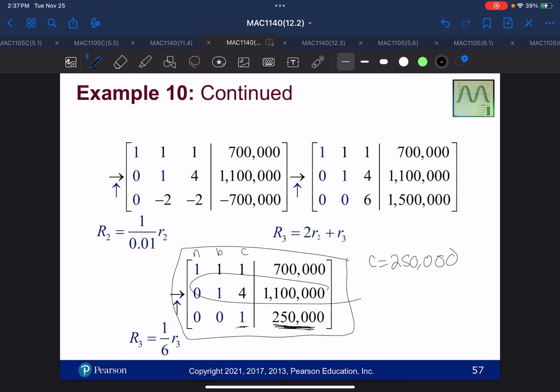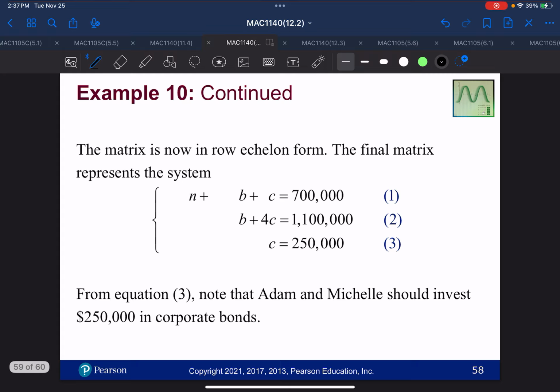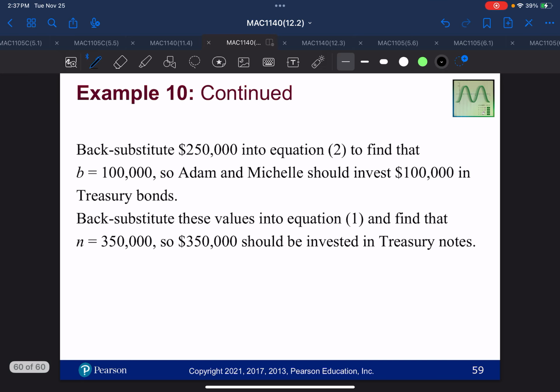The next equation says that B plus 4C is equal to 1,100,000, and I can plug in the 250,000 into that and solve for B. And I am just going to go here where they do that.